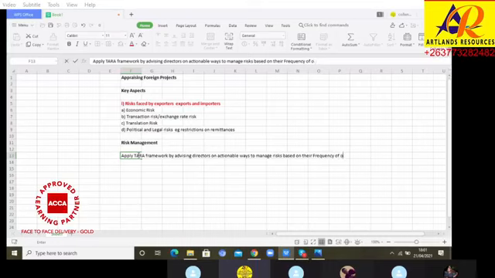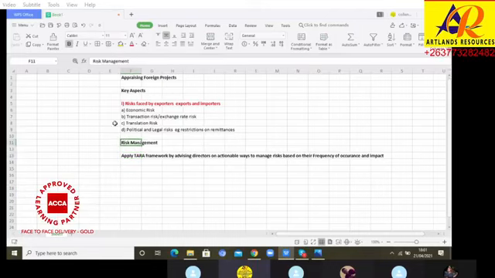Frequency of occurrence and impact. So important. That's risk management. So there you go.